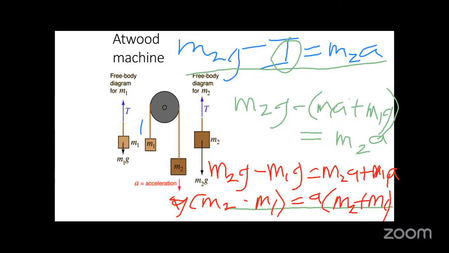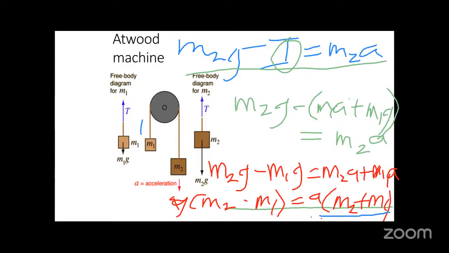We make A the subject of the formula by dividing through by M2 plus M1.